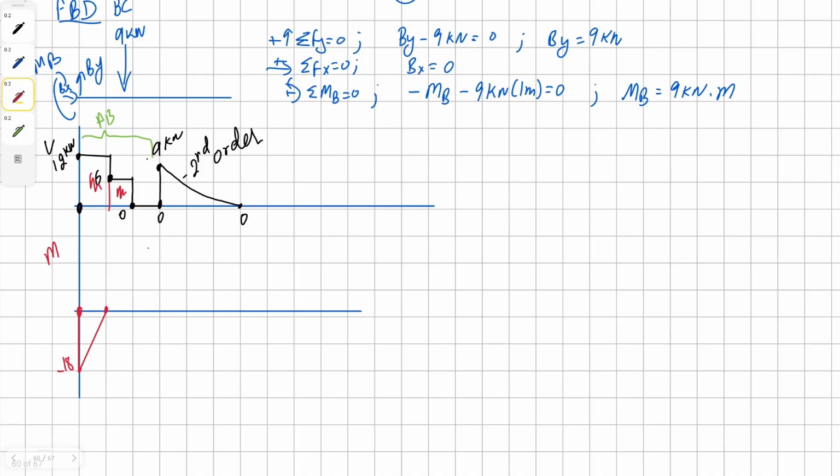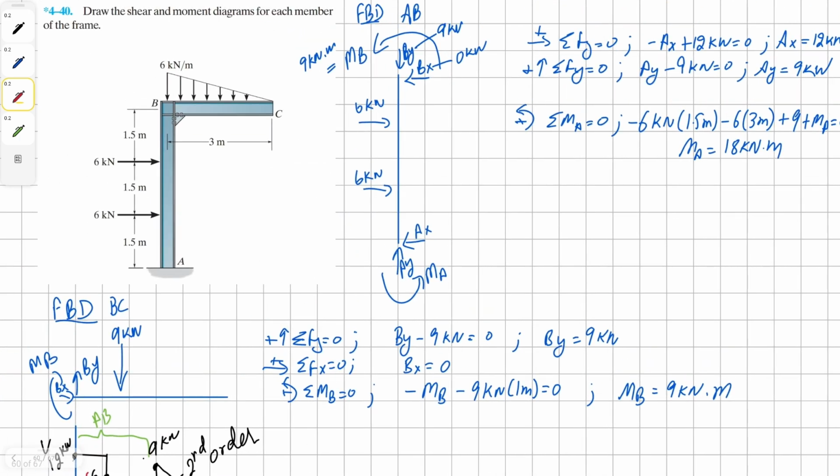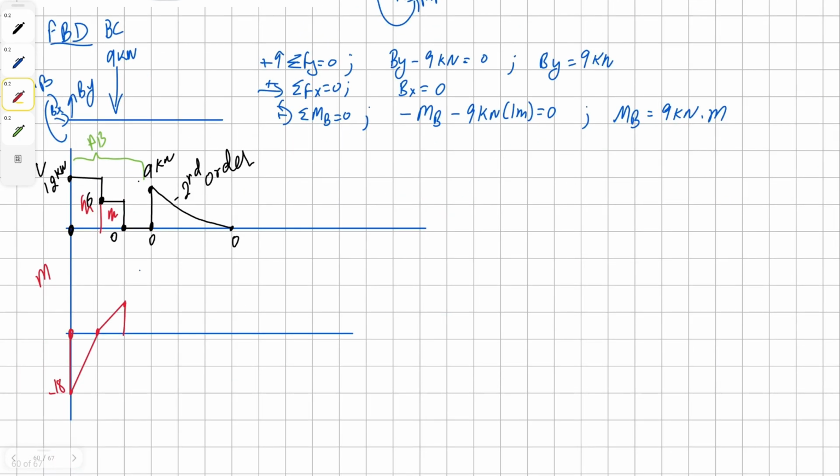And then we have this area, which is 6 times 1.5, and it takes us up 9 points. First order curve again. And then we have moment at B counterclockwise, so 9, and we come down to 0. This means our moment equation is correct.